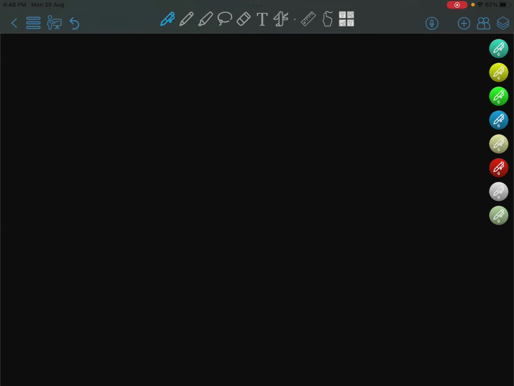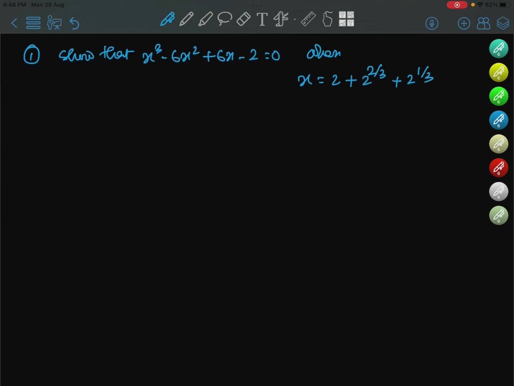Now the next question is, show that x cube minus 6x square plus 6x minus 2 equals 0 when the condition is x equals 2 plus 2 to the power 2 third plus 2 to the power 1 third.